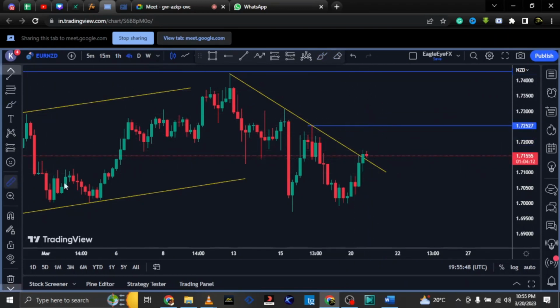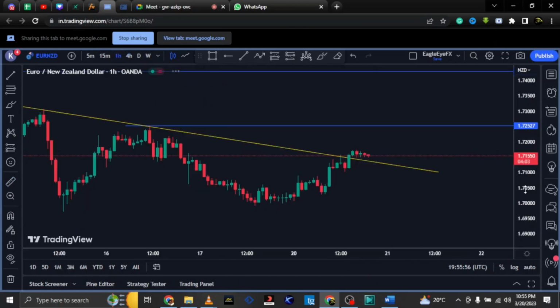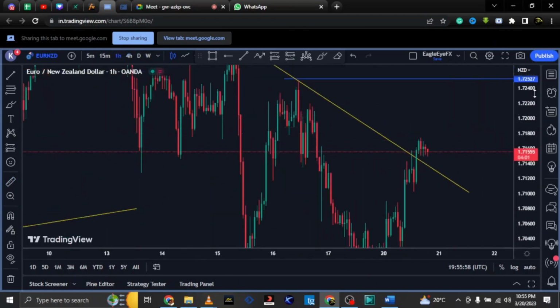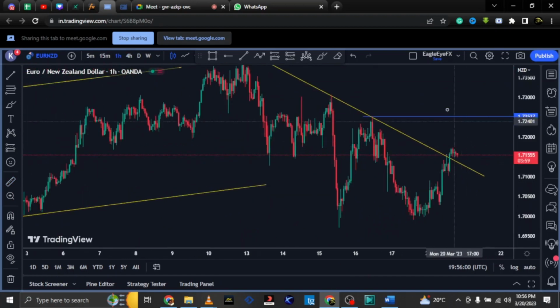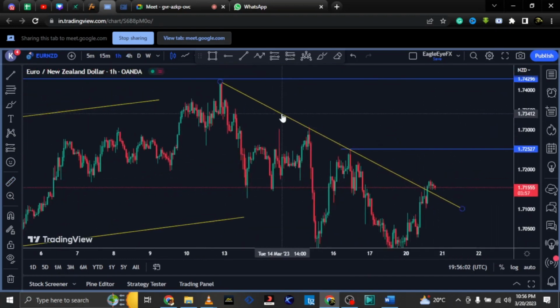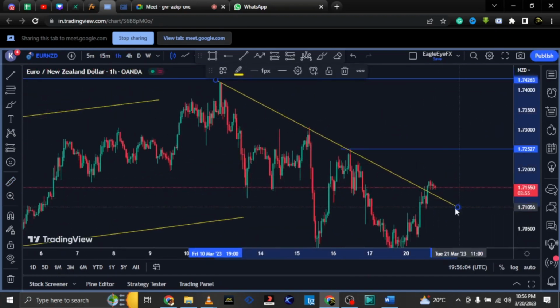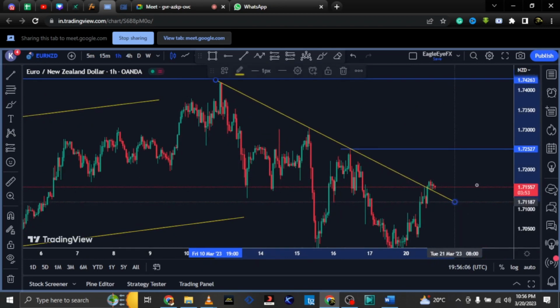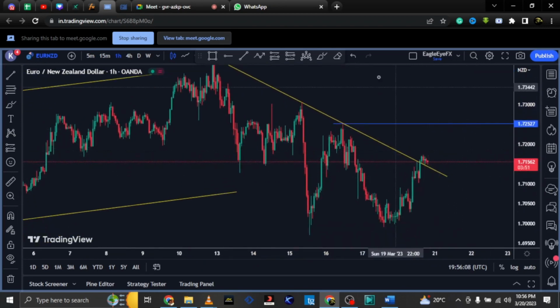Let's see how many pips these buys give. So around 98 pips, around 100 pips. Once it gives us a clear confirmation, because you can see that it has actually broken out. If you trade these trend lines, you can see it has broken out.